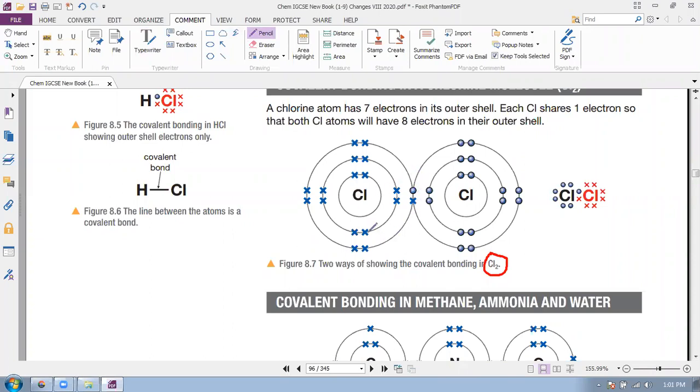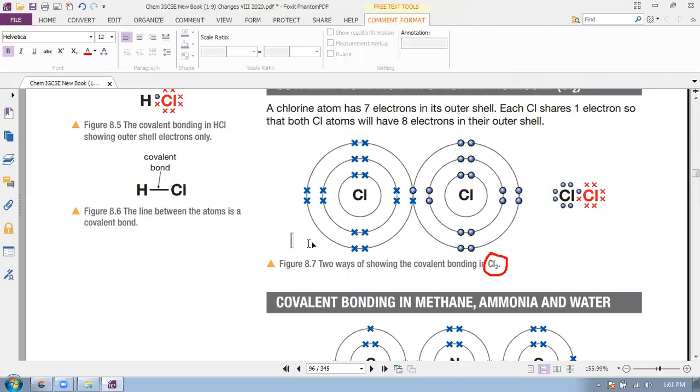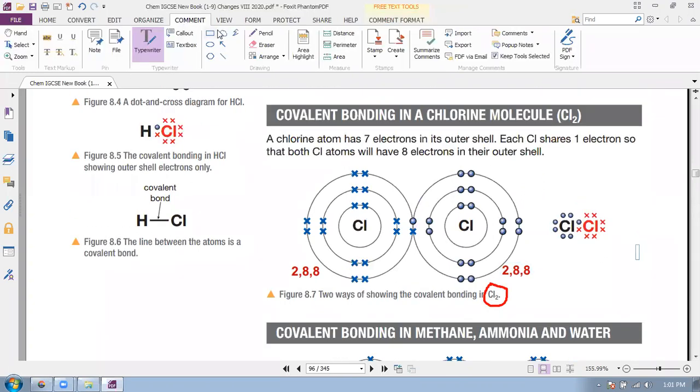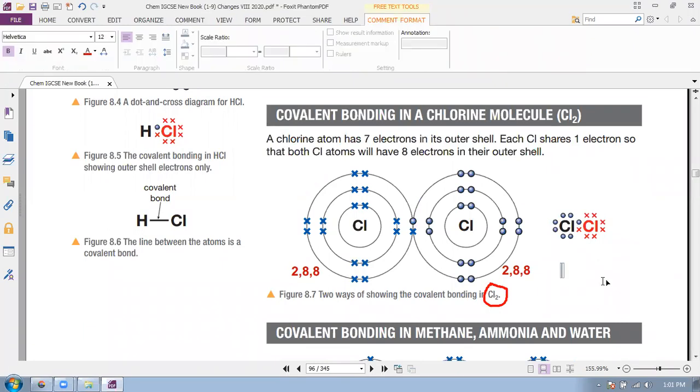Both obtain the configuration 2, 8, 8. Both are happy. Look at this. And if we want to show it in writing style, it can be shown like this. So this bond is a covalent bond.